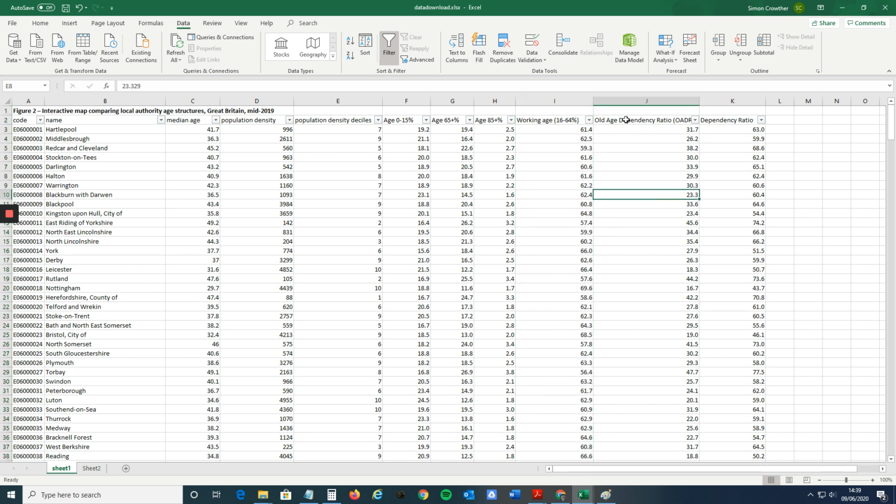You've also got the old age dependency ratio, where a higher figure means more people are of an age where they are dependent, and then the overall dependency ratio. Again, the higher the ratio, the more people are dependent, and that's down to a whole variety of factors that I'm not going to go into right now.